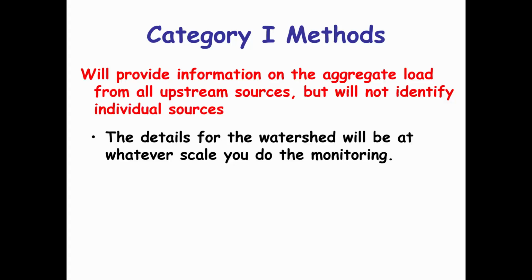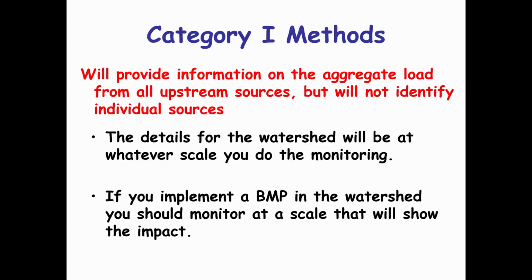You could also make additional measurements that might help you to identify those sources a bit better or more clearly. And if you implement a BMP in a watershed, you should monitor at the scale that will show the impact.